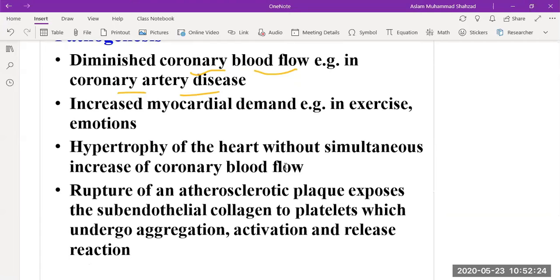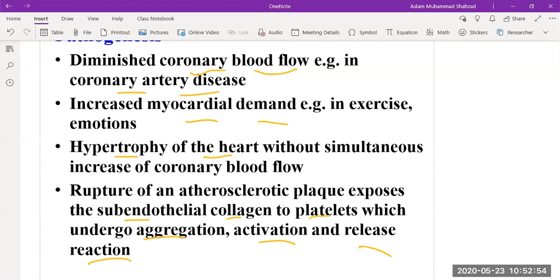And when the cardiac muscles die, hypertrophy of the heart occurs, with increase of myocardial demand, especially in exercise and emotion. And then rupture of an atherosclerotic plaque exposes the subendothelial collagen to platelets, which undergo aggregation, activation and release reaction.